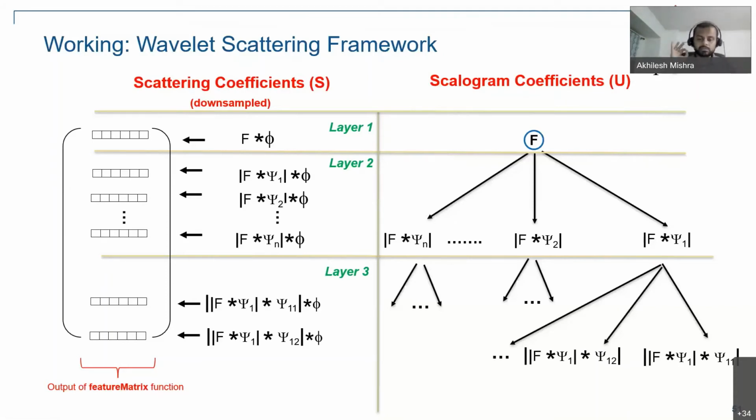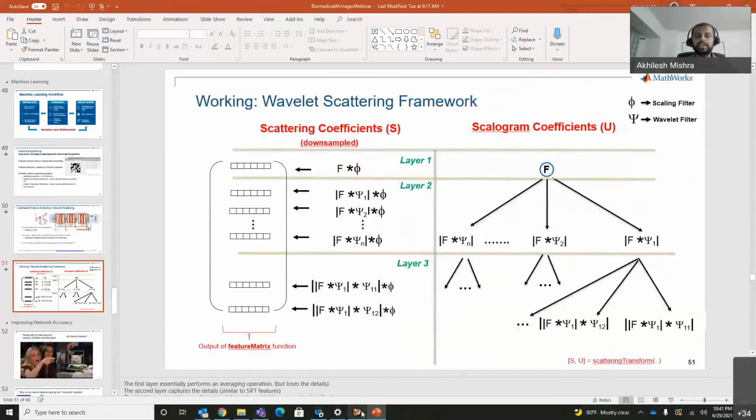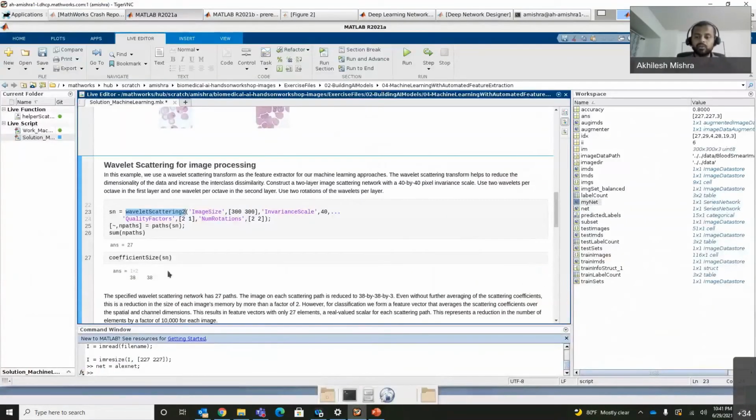Now, long story short, the takeaway is that for doing all of this, we don't have to write a lot of code. We already have a function in MATLAB called wavelet scattering, and apparently it's been proven over and over again. You can find a lot of literature showing that it not only extracts the subtle features from the images.